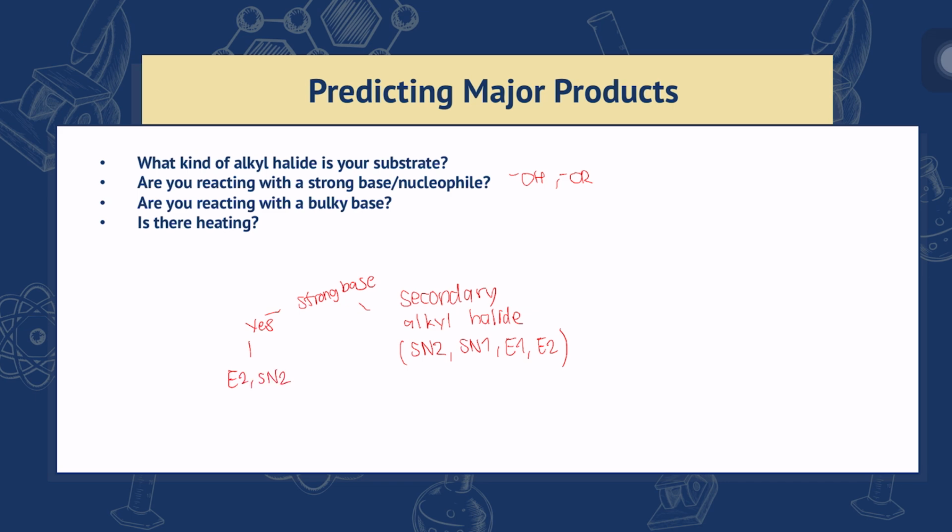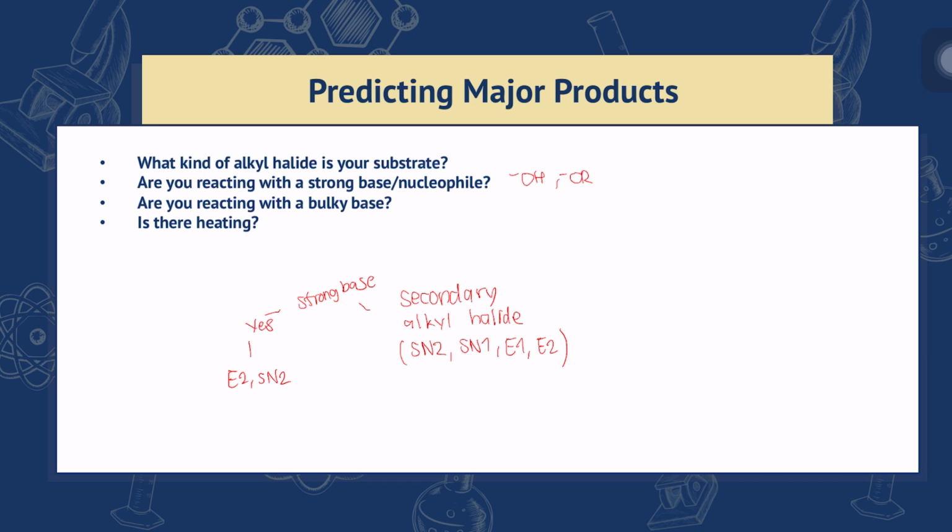Other sources may say that if it's a protic base, meaning it likes to give you one hydrogen, you're more likely going to go with SN1 or E1 because you're going to have a polar protic environment. But at least in our case, when it was discussed to us, a strong base constitutes SN2 or E2 reactions as our major product.